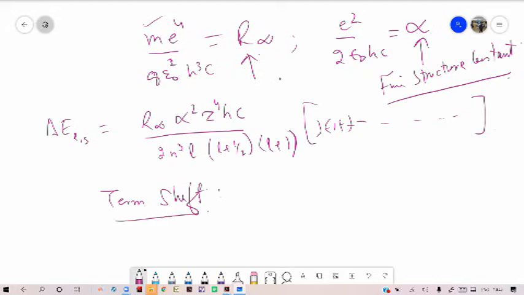Term is defined as E by hc. This is the term T. It refers to the value of an energy level. It's the energy value. hc is there to normalize the equation and to make the dimensions of the equation equal. When we divide E by hc, it becomes term.